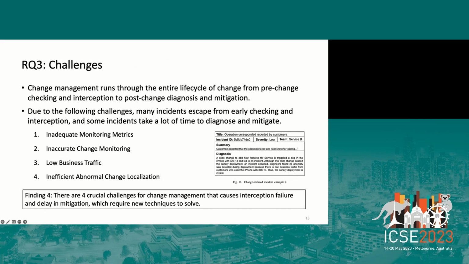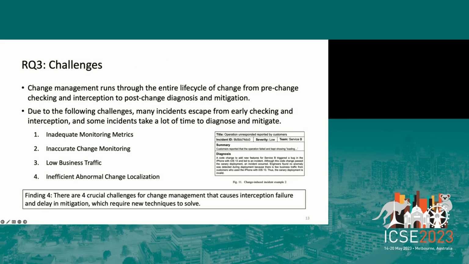When this occurs, it becomes difficult to find hidden issues during post-change monitoring. On the one hand, issues that only occur in particular scenarios cannot be triggered when required business traffic is absent. For example, Figure 11 presents a case showing an incident without any anomalies during post-change monitoring due to the low business traffic.